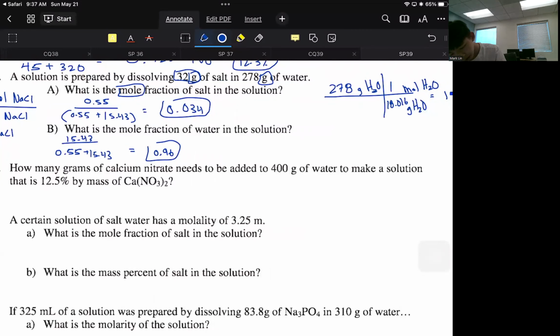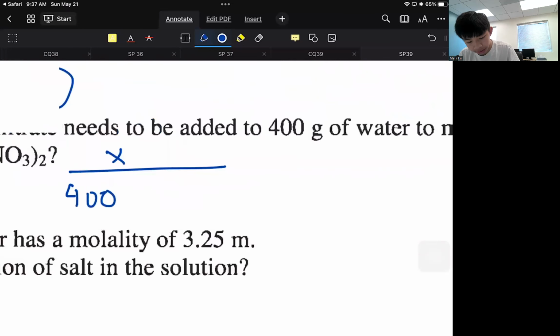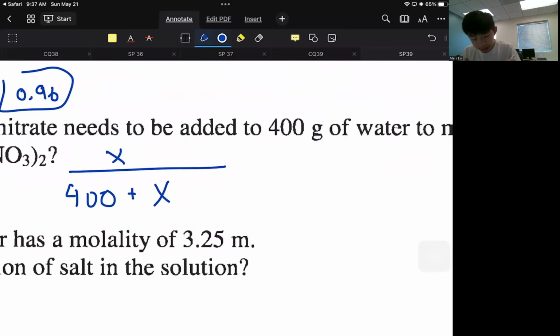So that's our unknown, over the denominator, which has to be solute plus solvent. In this case we have the 400 grams of solvent, so we need to add the solute, X. X is our solute.